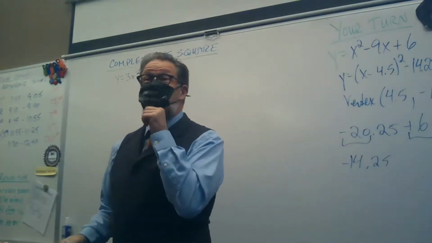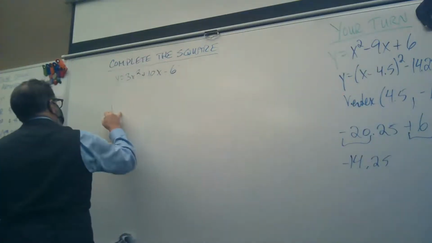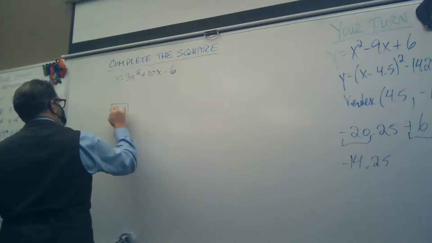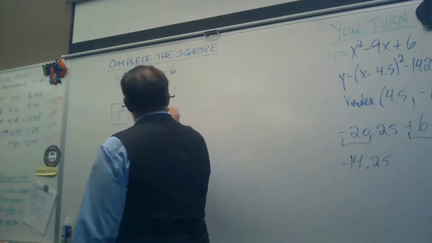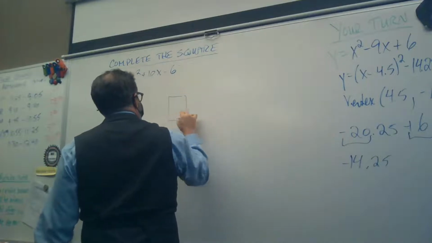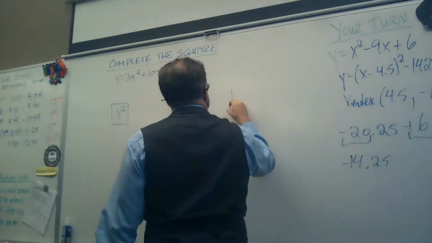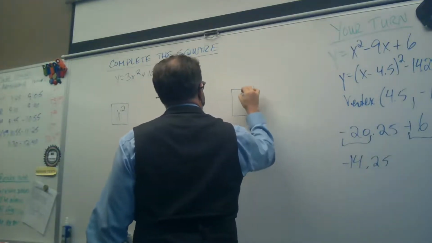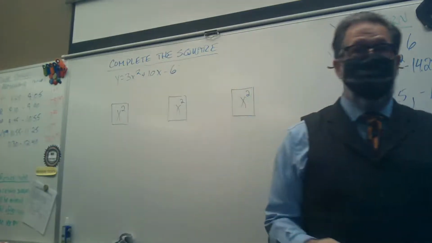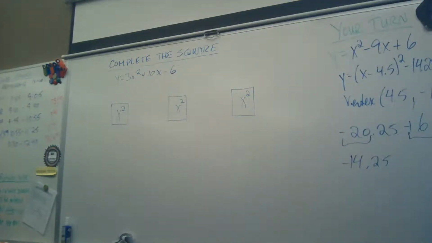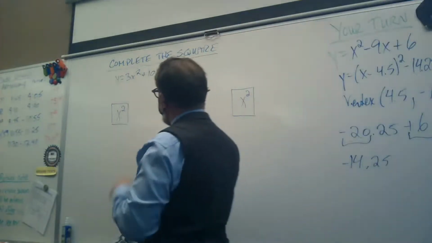Here's what I'm going to do instead. I'm going to make a square, and I'm going to make another square, and I'm going to make a third square, because I know that I want parentheses x plus something, and now I get parentheses x plus something for each of these squares.